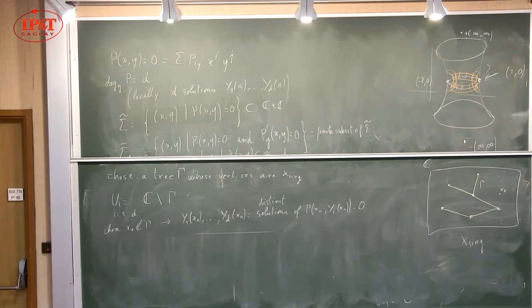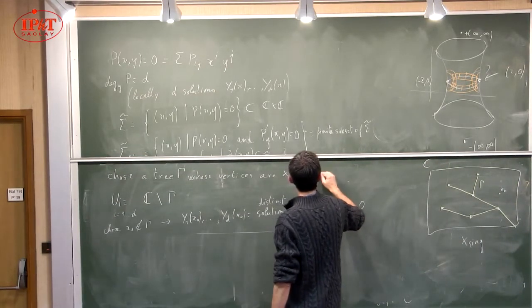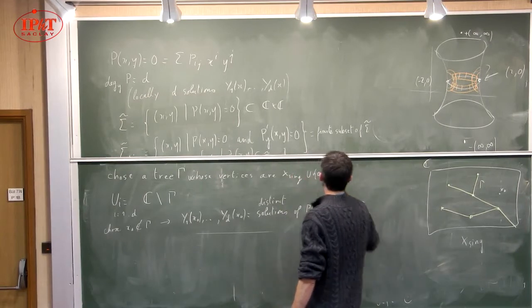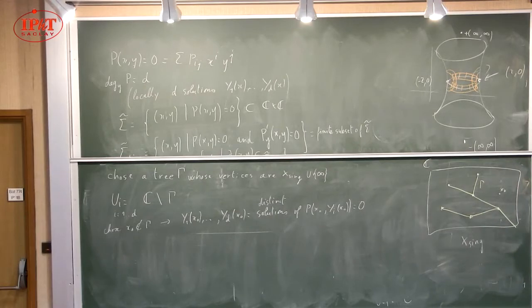And the idea is that since now the complement of gamma is, sorry, let me also go to infinity on 1 point at infinity in CP1. So now the complement is topologically a disk.